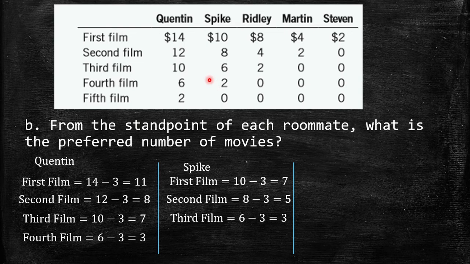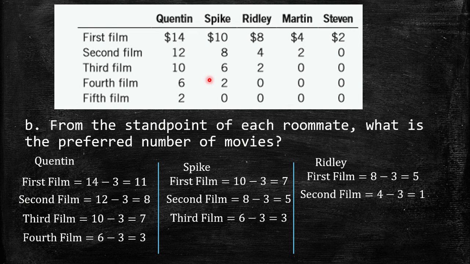So for Spike it should be 3 films. Ridley should have 5 for the first, 1 for the second, so for Ridley it should be 2. And Steven, no films at all, because actually he is willing to pay just 2.